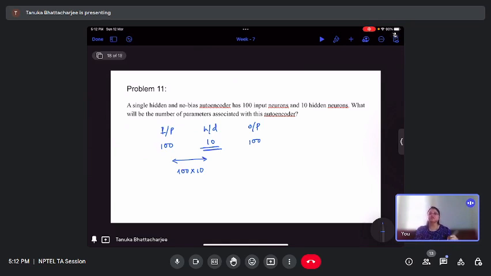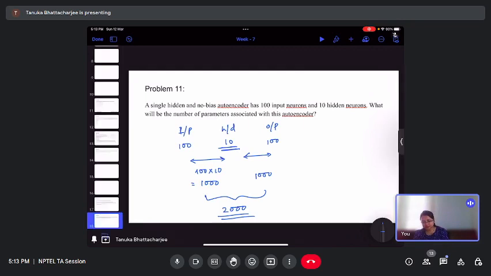Like that, it will be connected to all the 10 hidden neurons. So, total number of parameters is 1000 here, and again 1000 over here, because each of the 10 hidden neurons will be connected through weights to each of the 100 output neurons. So, in total, you have 2000 parameters in this autoencoder.